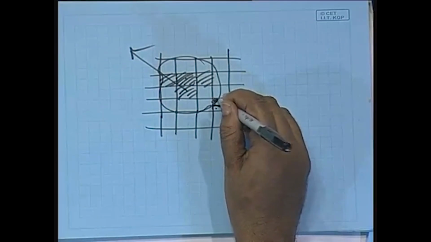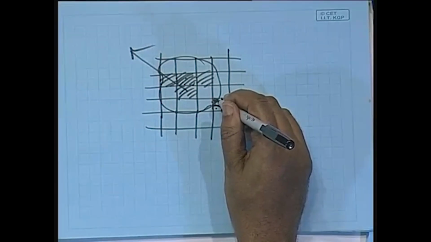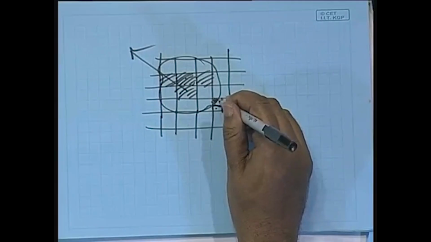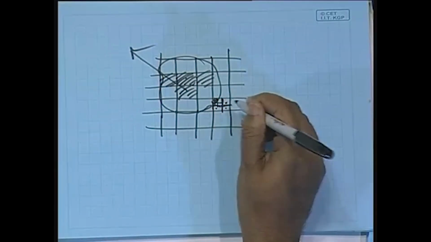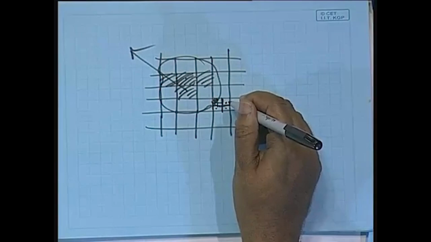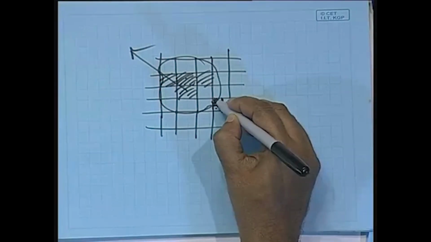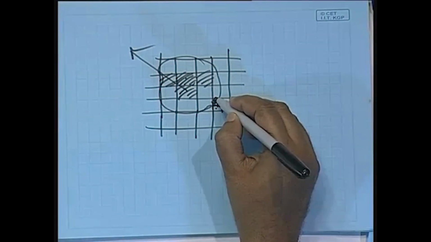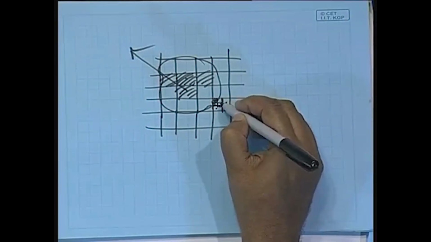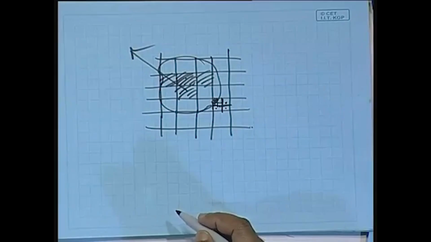So, we can say this 8 by 8 area is a moving area, let me subpartition it further into 4 sub blocks of 4 by 4. By doing that, I will find that only one of these 4 by 4 areas is moving, and the rest of the 3 4 by 4 areas are stationary.